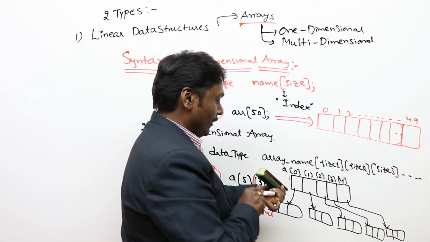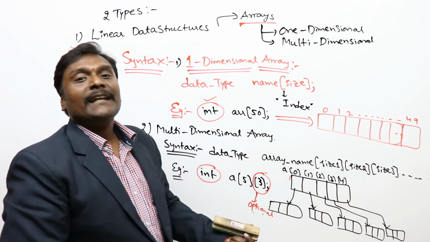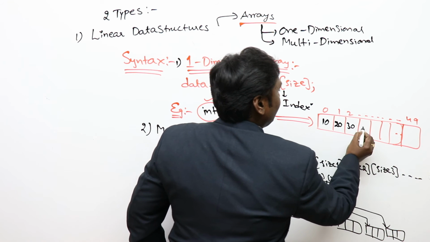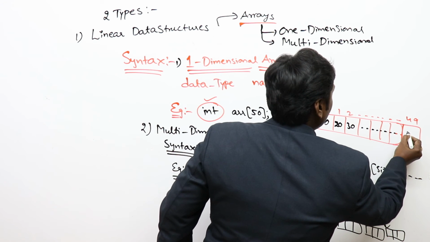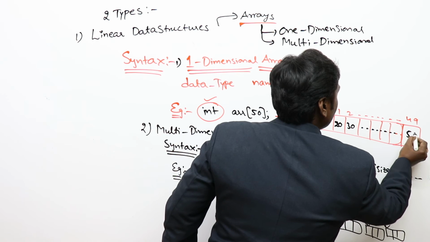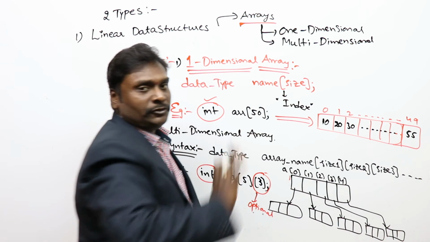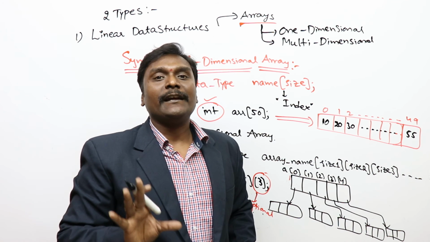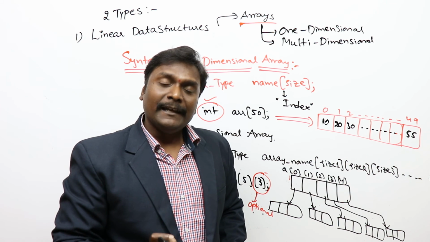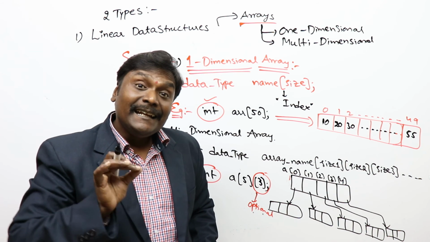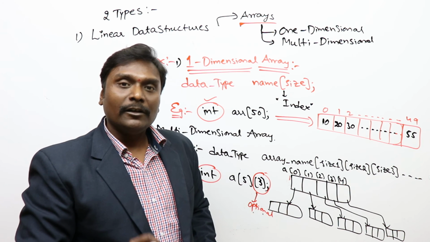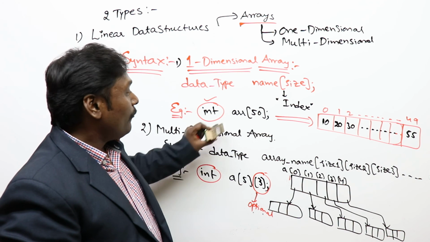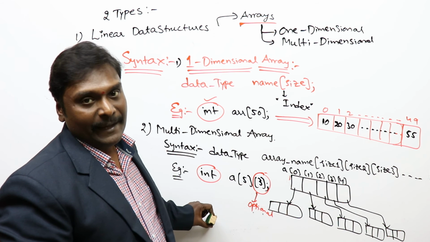For example, I can give 10, 20, 30 and so on, some 55, any values. But the number of values is always 50 at maximum, and all the values must be integer values. This is a general representation of one dimension as well as multi-dimensional array.